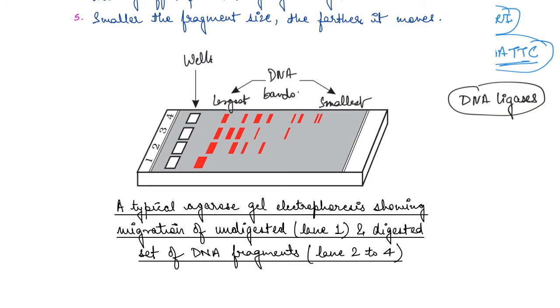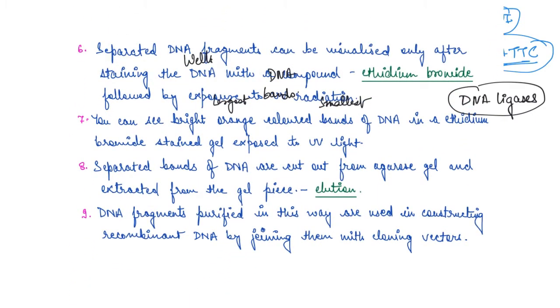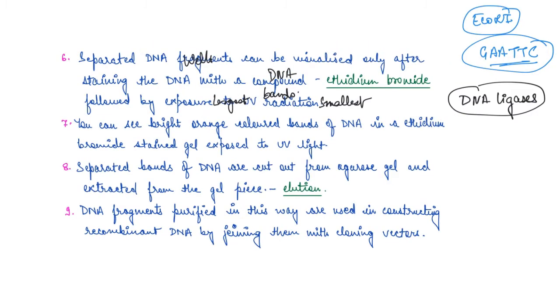Now, what happens after that? These separated DNA fragments can be visualized only after we stain the DNA with ethidium bromide.